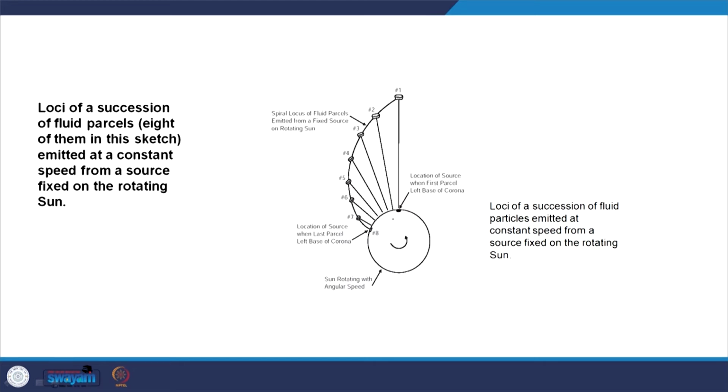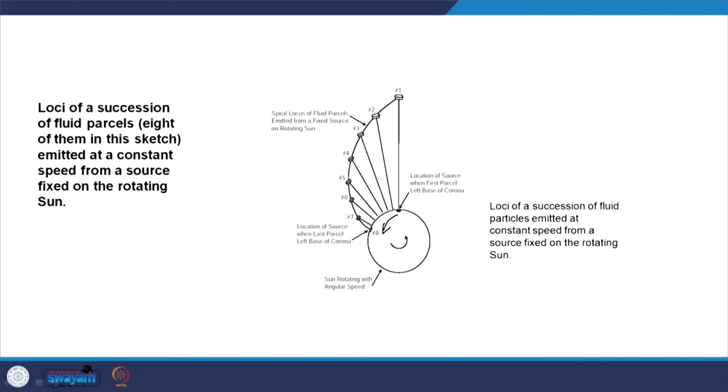Then as time passes, as the sun rotates like this, at equally separated intervals of time, if you imagine the parcels to be emitted, the loci of these parcels' positions with respect to time will look something like this.